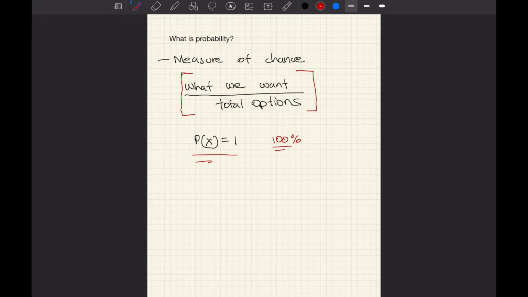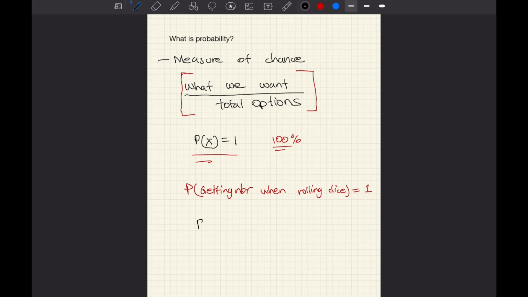It doesn't matter what number, but getting a number, there's a 100% chance of that. So the probability of getting a number when I roll a dice equals 1. Great.